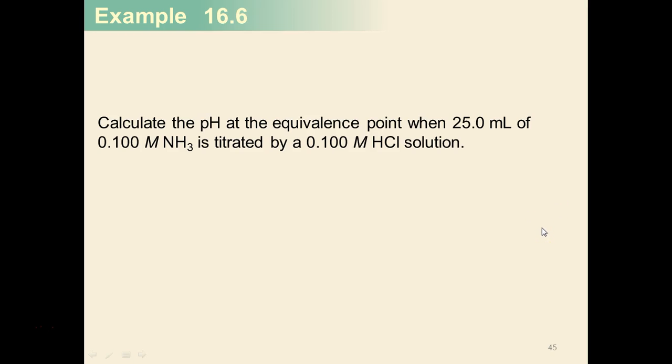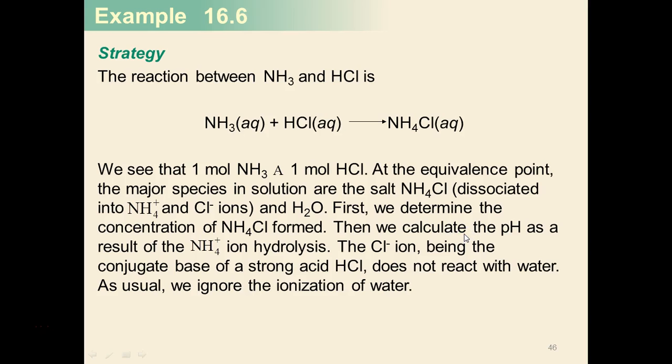So let's work through example 16.6, all right? We're going to calculate the pH at the equivalence point when 25 milliliters of 0.1 molar ammonia, NH3, a weak base, is titrated by 0.1 molar hydrochloric acid, the strong acid. So we can write the reaction as such.